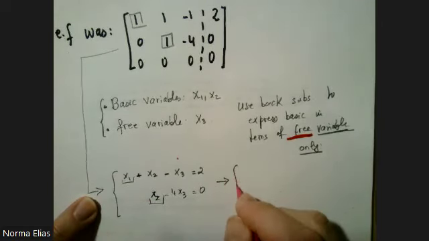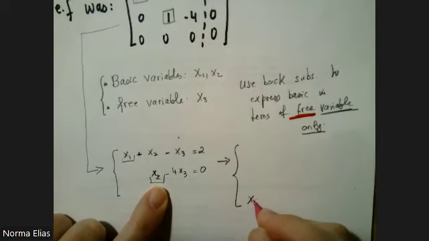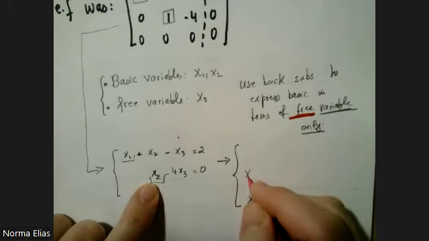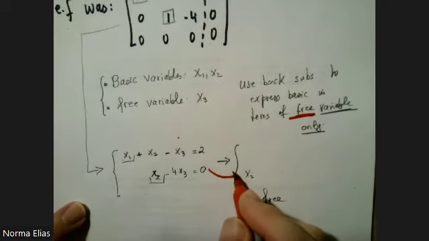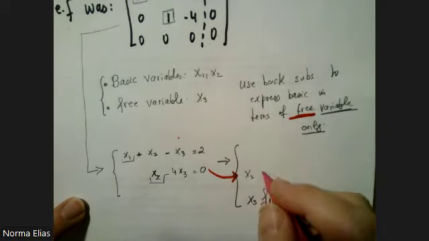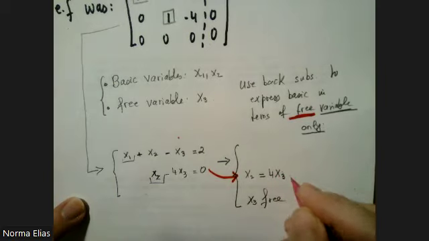So let us write the solution. The way we write it is like this. x3 is free, which means x3 can take any value we want. What about x2? I go from here to here and solve for x2 in terms of x3. In this case, it is very easy: x2 is 4x3.